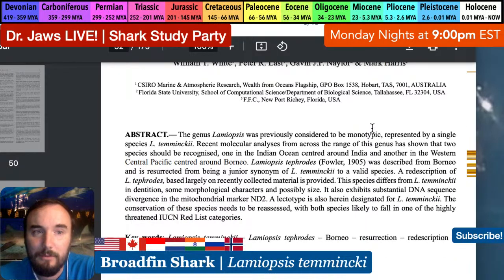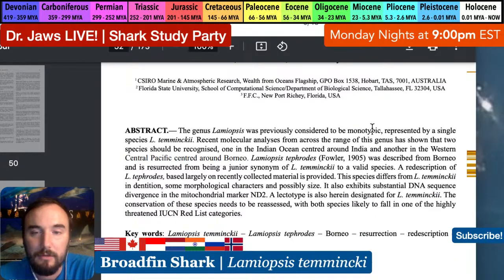Here's the abstract. We won't read the whole thing, but kind of go through some of the key points. The genus Lamiopsis was previously considered to be monotypic, represented by a single species, Lamiopsis temminckii. Recent molecular analyses from across a range of this genus have shown that two species should be recognized, one in the Indian Ocean centered around India, and another in the western central Pacific centered around Borneo.